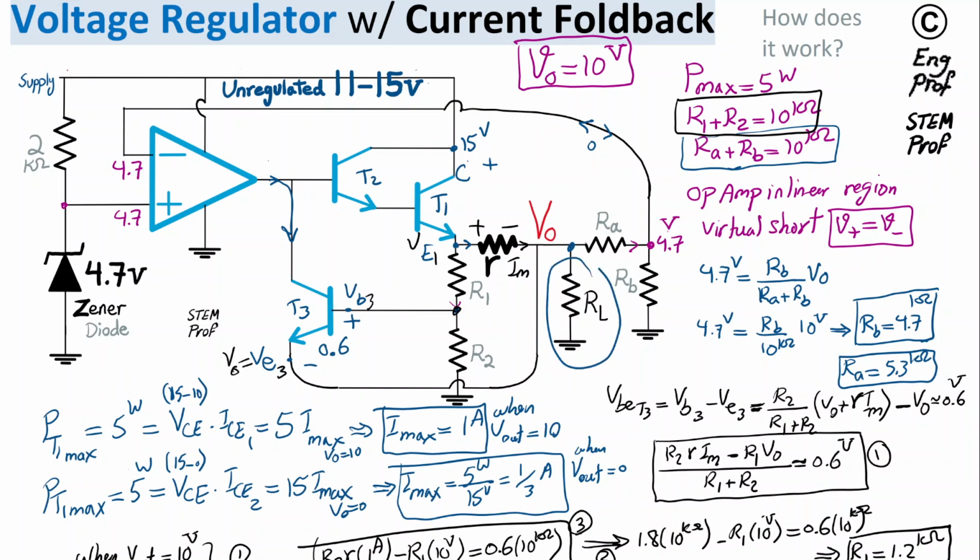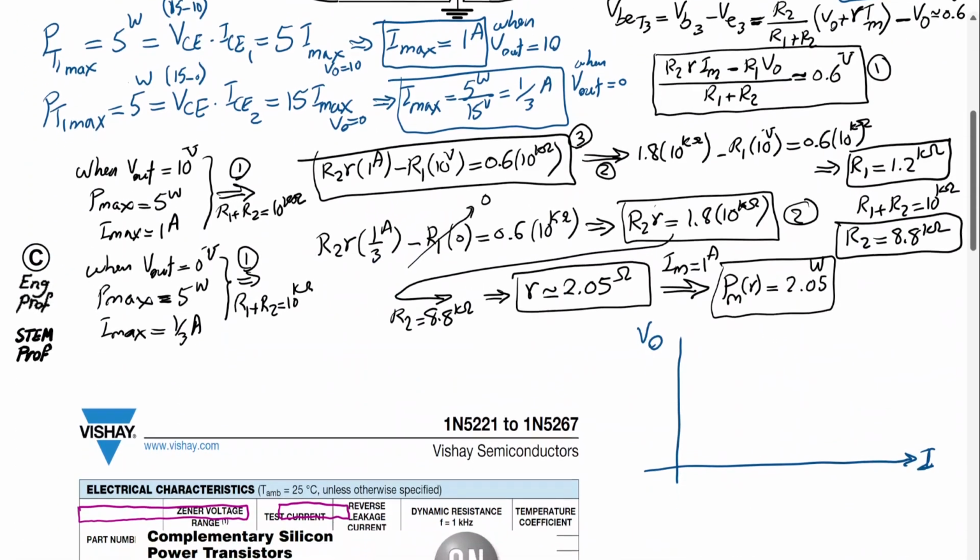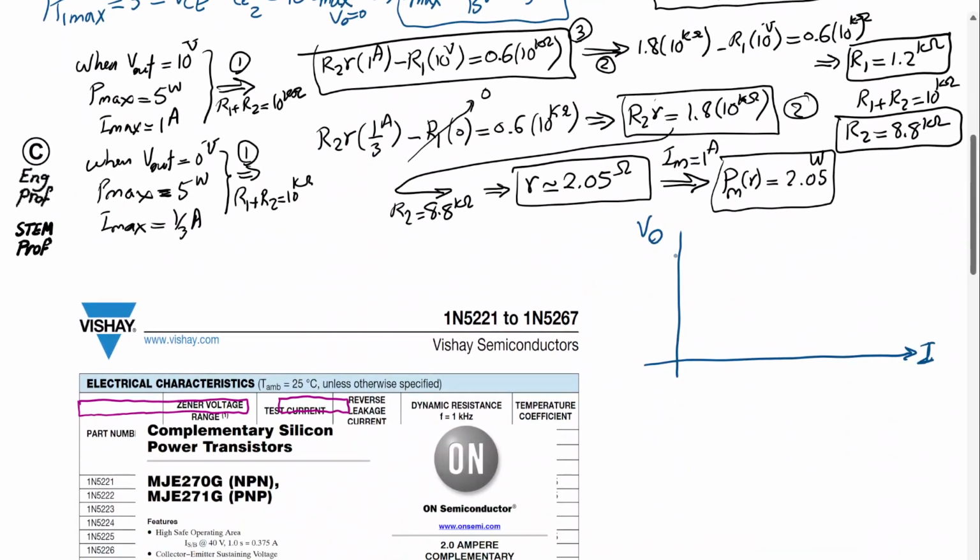As we start reducing RL, the output current is increasing and it goes up to 1 amp, and after that the current foldback or current limiting feature kicks in. At the beginning, the voltage Vout is 10 volt, and as the current increases because of the reduction of RL, the voltage remains constant up to the point that we hit the current of 1 amp.